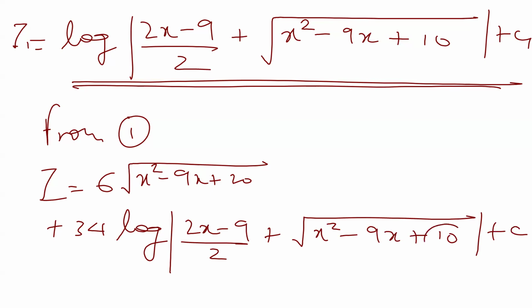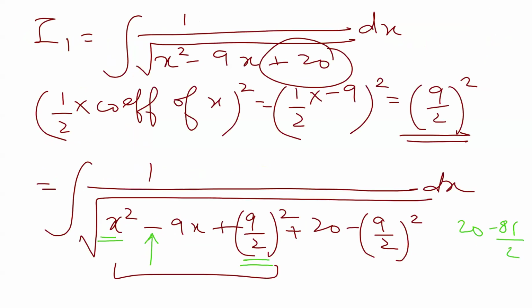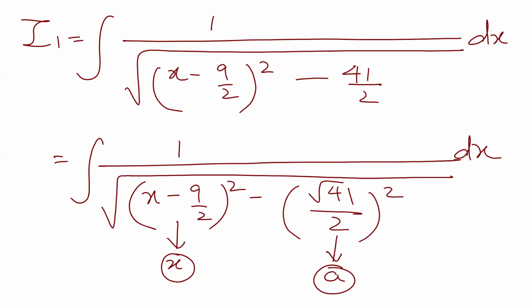Just let me check. I'm not very sure about this 10. It should be 20. So somewhere I might have committed some error. So 20 minus 81 by 2. So that is minus 40 minus 81. Minus 41 by 2. Root 41 by. Oh, yeah, I got the mistake. This also will be root. Okay, root 41 by root 2.